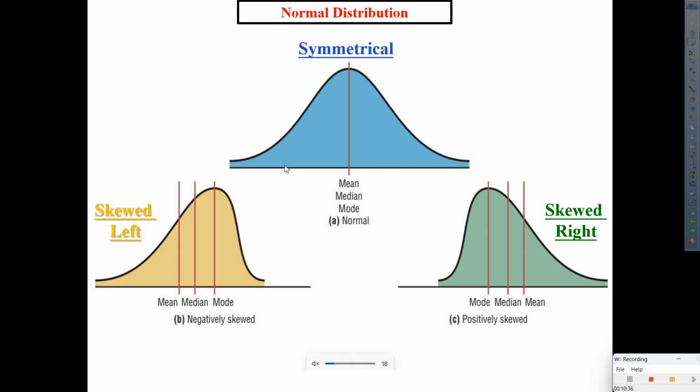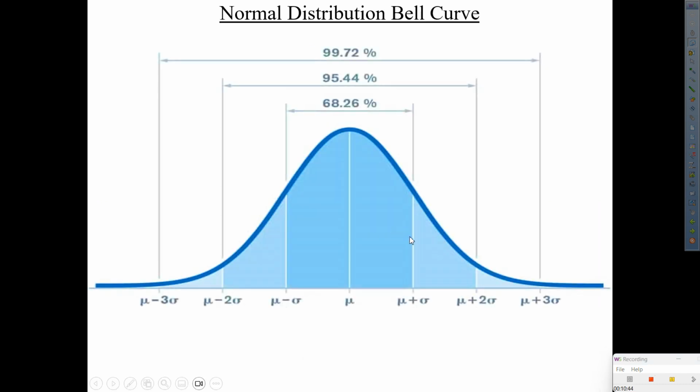Y'all ready? All right, so the normal curve, add this to it. Add some percentages between -1 standard deviation to +1 standard deviation. That percent is 68.26. Between -2 standard deviation and +2 standard deviation, that is 95.44.